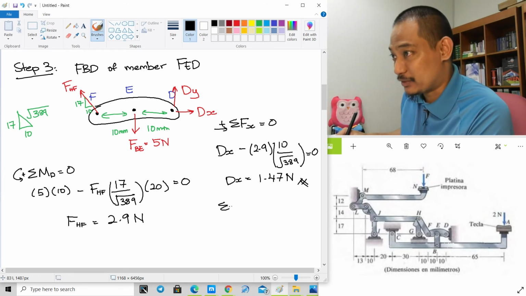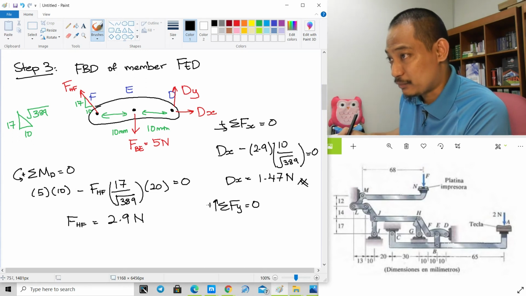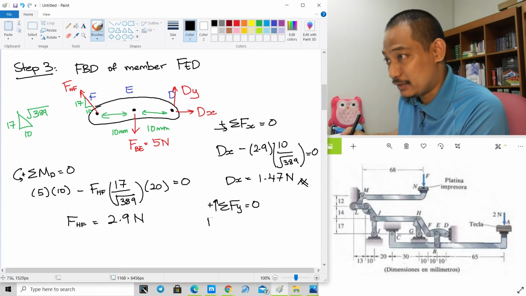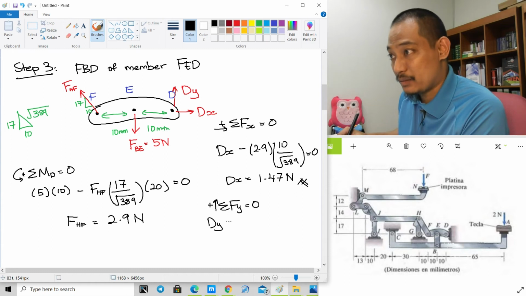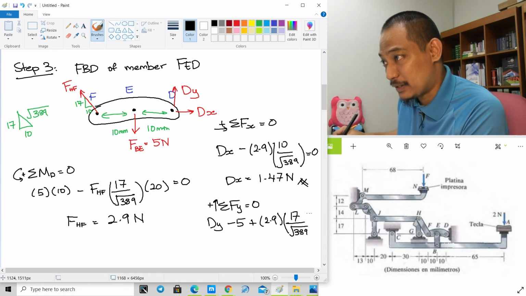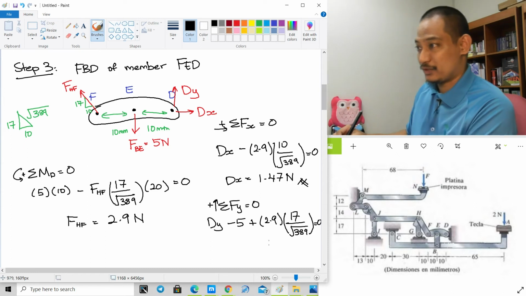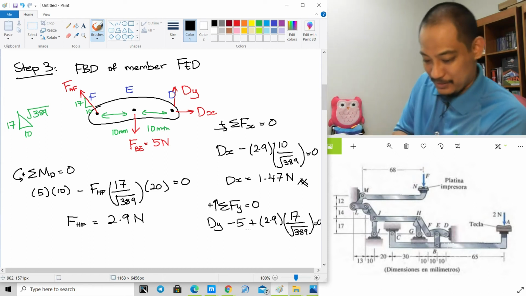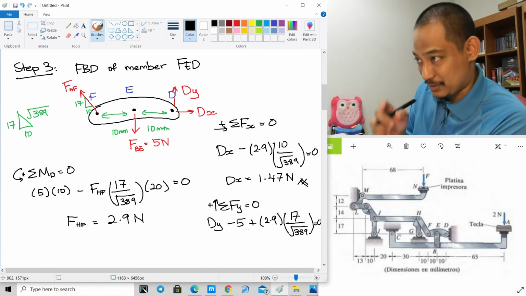And then we do summation of Fy equal to 0, taking upwards as positive. So I'll have Dy minus 5 Newton there, plus FHF, which is 2.9, times 17 over square root of 389 equal to 0. Hopefully you can still see those numbers.